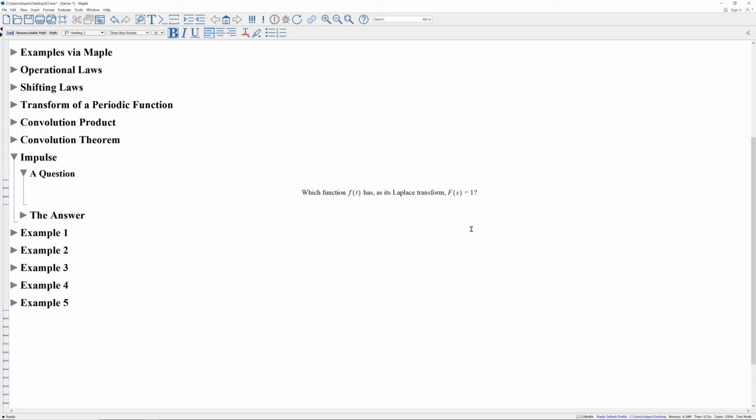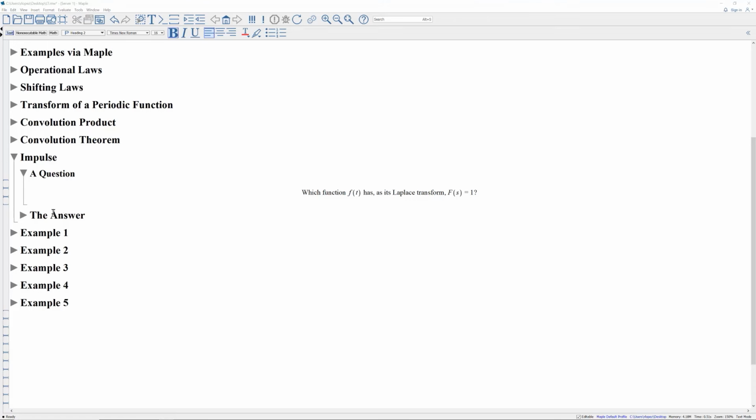Now remember what we said earlier. A good Laplace transform goes to 0 as s goes to infinity. This will not go to 0 as s goes to infinity. So there's that question that sits in front of the student. What function f of t has as its Laplace transform 1?